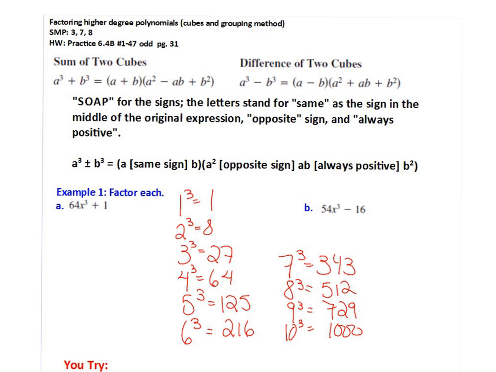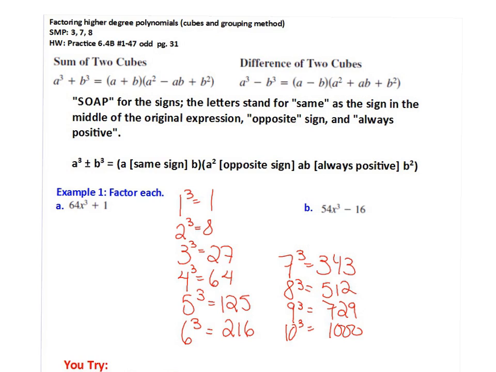We can use the memory SOAP. It stands for same, opposite, always positive. So see how this is a plus? Same, opposite, always positive. The same thing works for difference. The a and b are going to have the same pattern. And then for your signs, the minus, so same, opposite, always positive.